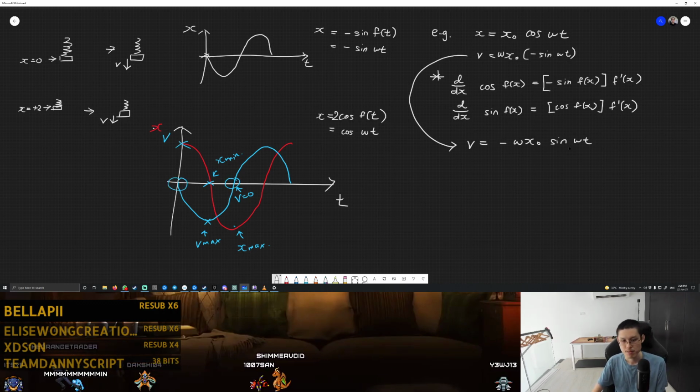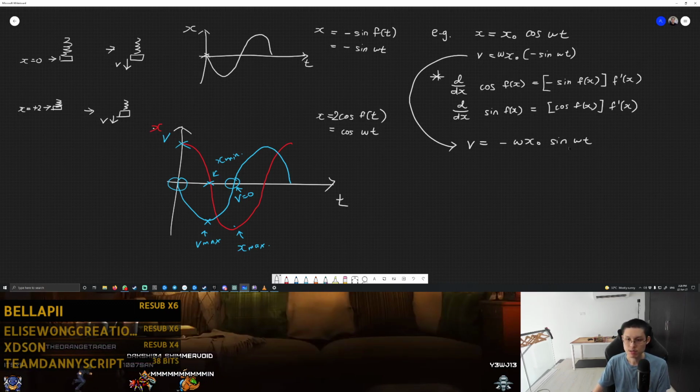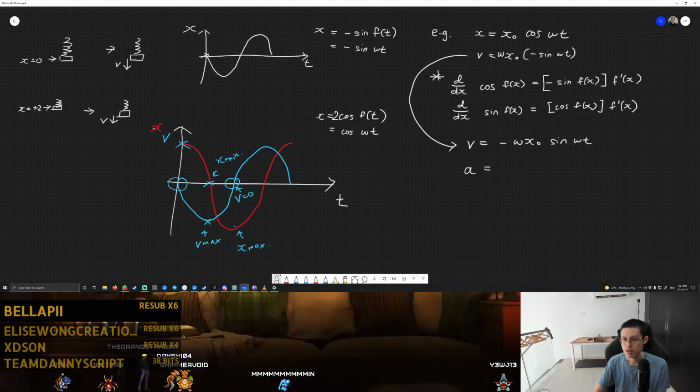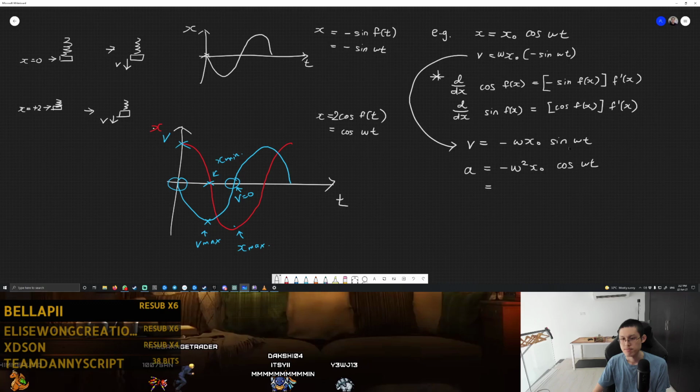Okay. Now, how do I find the acceleration then? Well, to find the acceleration, we differentiate this again. We're going to get negative omega squared x naught cos omega t. So if you look really carefully, I can actually write it like this.